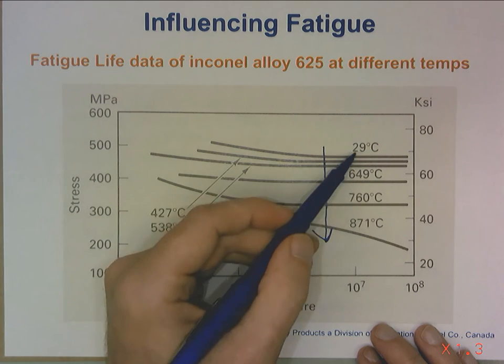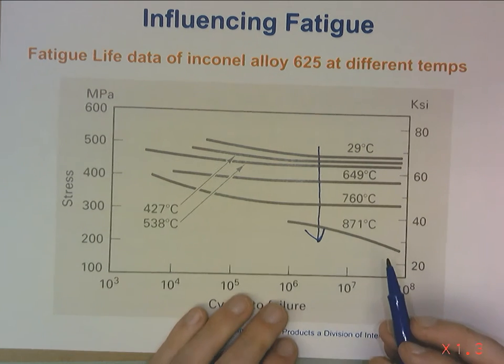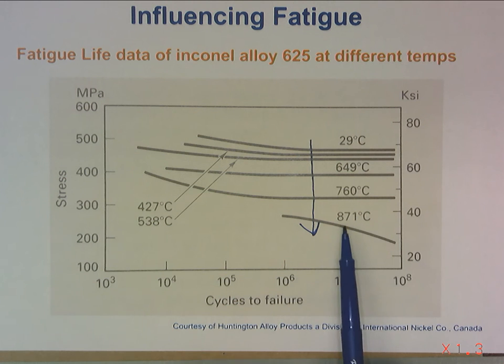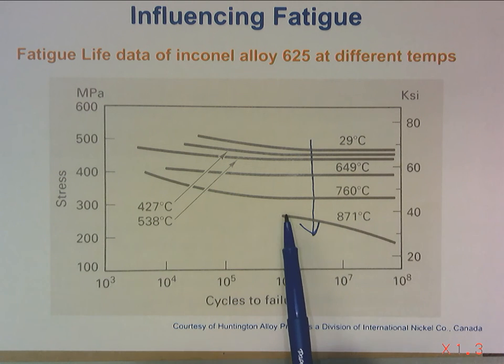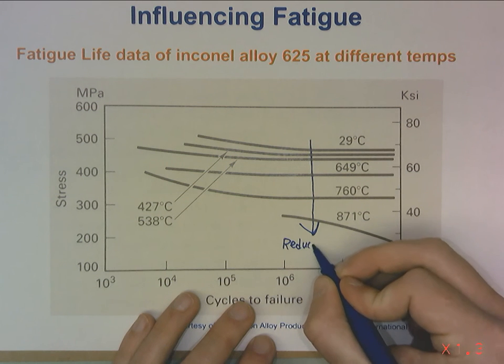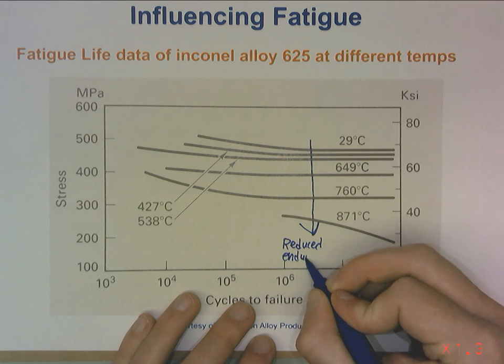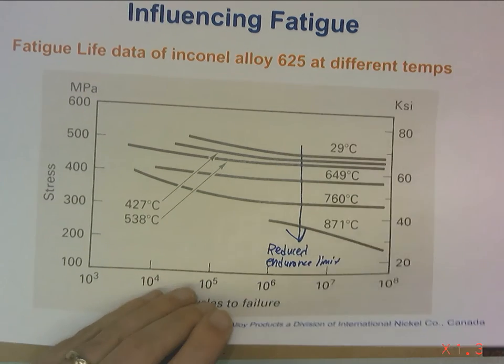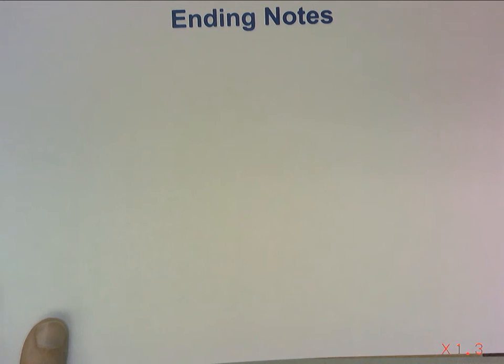So we see our increasing temperatures, and we see a decreasing endurance limit. At a really high temperature, it looks like we've eliminated the endurance limit even. So, reduced endurance limit. Okay, ending notes. Check.